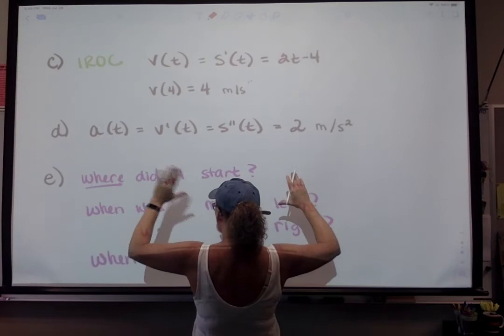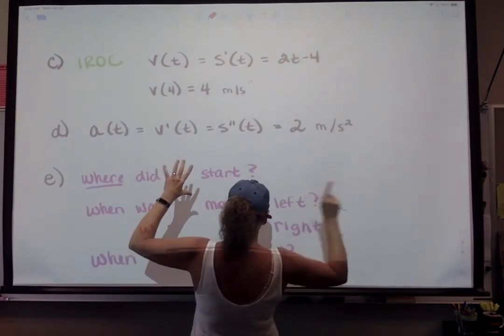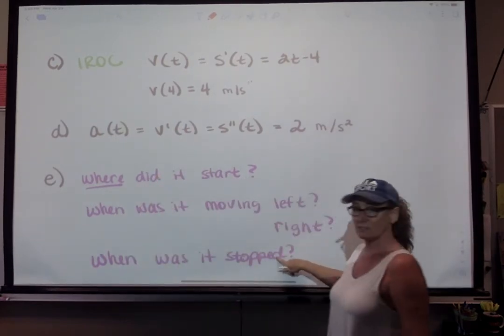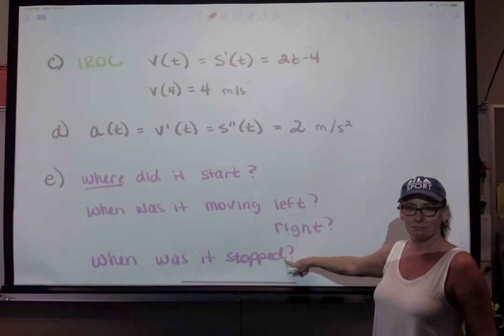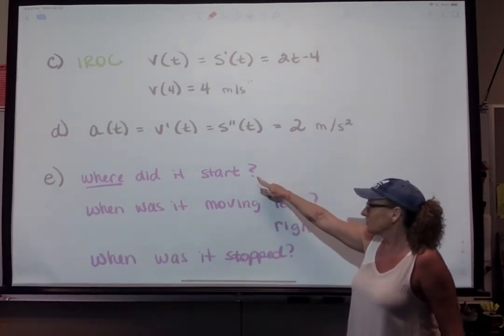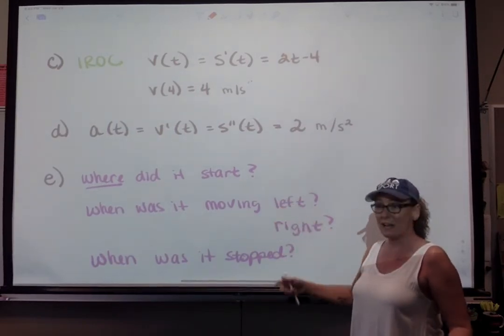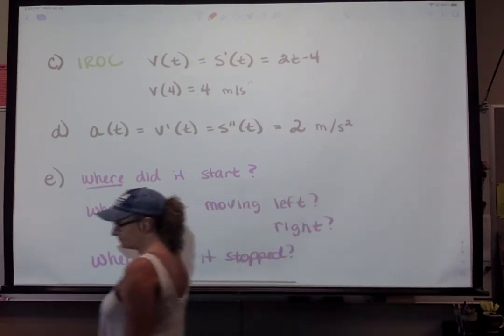To the left means negative velocity. When was it moving to the right? Positive velocity. When was it stopped? Zero velocity. Where did it start? When it began, was it going right or left? When did it stop? Where did it stop? And then did it change direction?